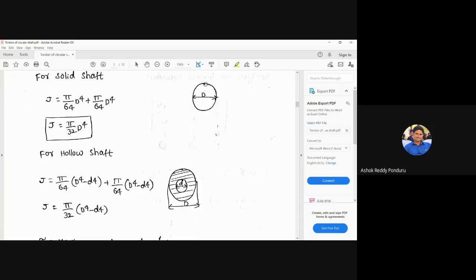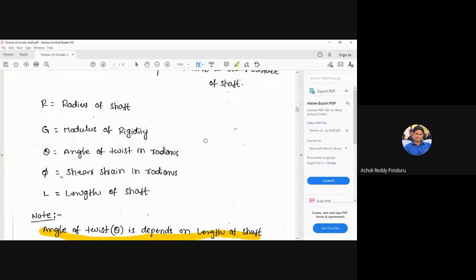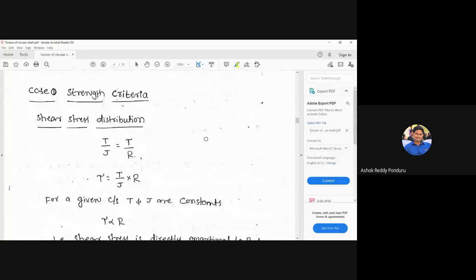At any point on it, T is constant, and in the same fashion J is also constant, but R is not constant. What is the value of R at the center? 0. Then the R value goes on increasing, and R is maximum at the outermost layer, that means the surface of the shaft. That is the meaning of this sentence.